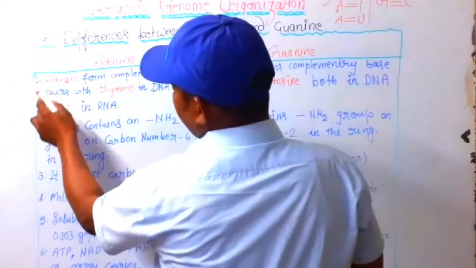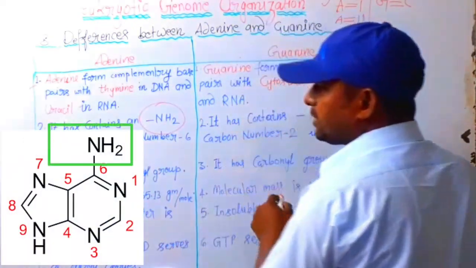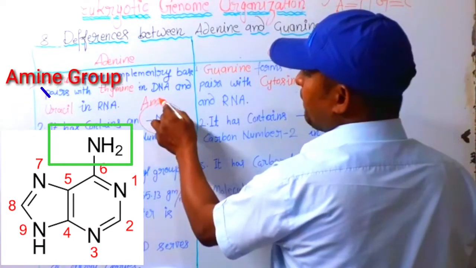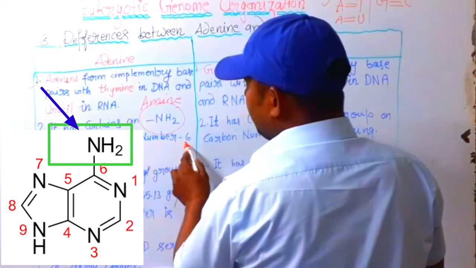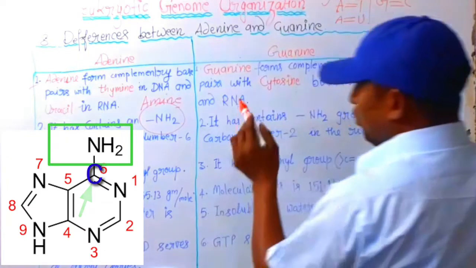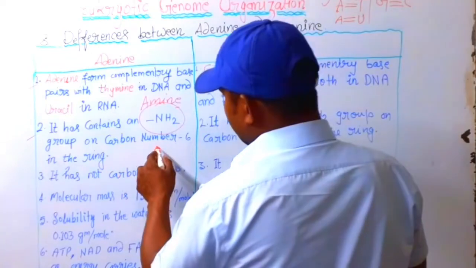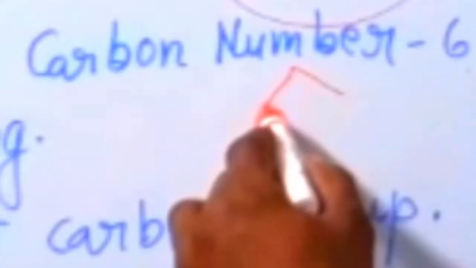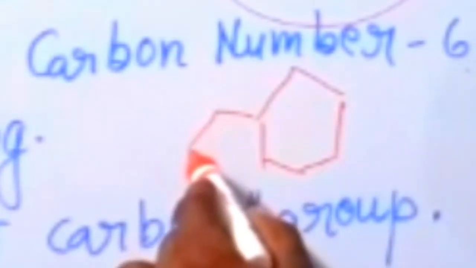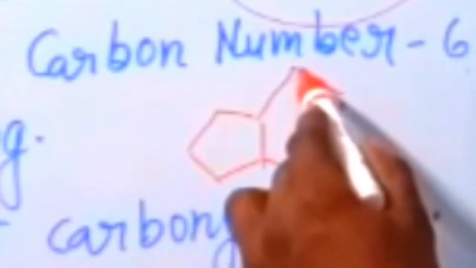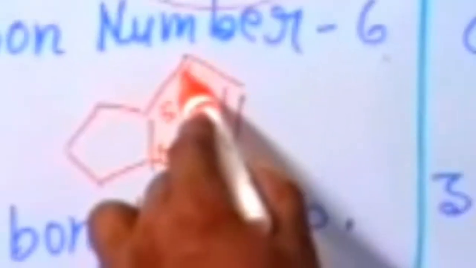Guanine pairs with cytosine with 3 bonds, while adenine pairs with thymine with a double bond. And point number 2, adenine contains an amine group on carbon number 6 in the ring. Let's count on the general structure: 1, 2, 3, 4, 5 and 6.